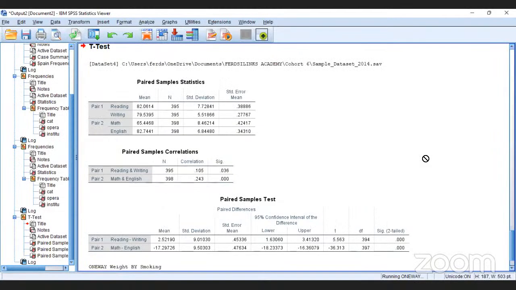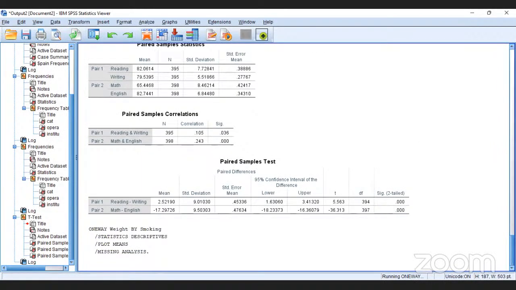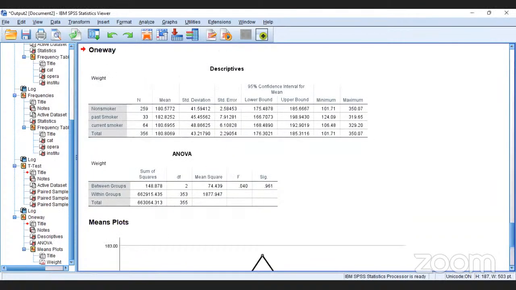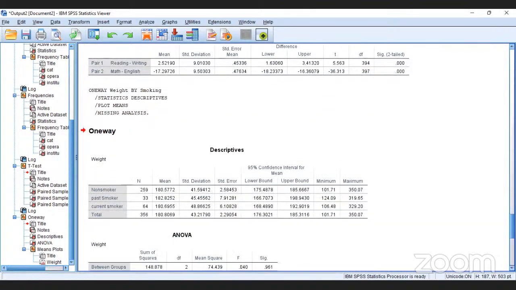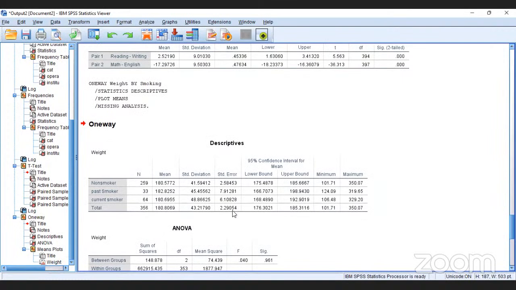So what do we notice? The test, okay, still running because of that. Potentially it asks a lot of information, it takes some time. So first, we're looking at our descriptive. We have three categories.